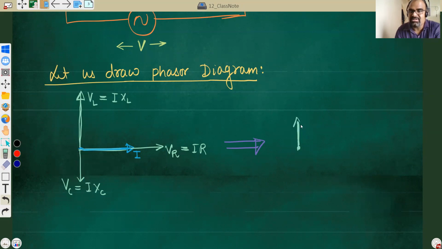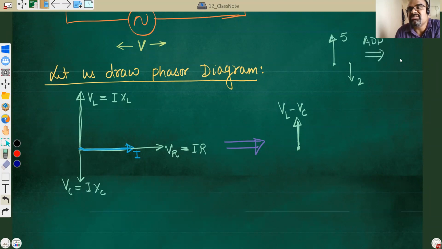And how much will this be? It will be VL minus VC. Now here many students think that we are subtracting. No, sir, we are not subtracting, we are adding. It's just like this. In terms of vectors, if there is a vector of magnitude 5 here, and a vector of magnitude 2 here, and we are adding, not subtracting, adding, the resultant will be upward, and that will be 3.